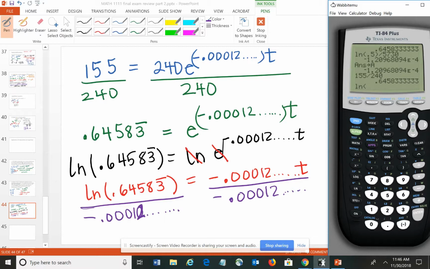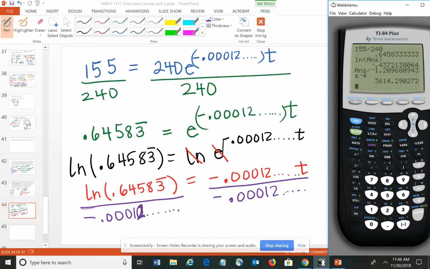I'm going to take the natural log of that decimal number, and then divide it by the number that I stored. To get it back, I do second store alpha A, and it pops that big long decimal back in there, and it gives us a value. T is 3,614.29.